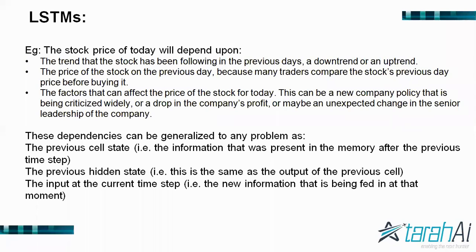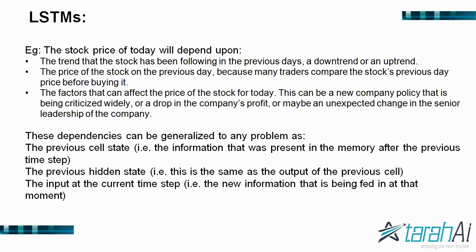So if you look at, for example, an application, say the stock price of today, it could be depending upon the trend in the past few days, it could be a downtrend or an uptrend. So the price of the stock on the previous day is also a big determinant.